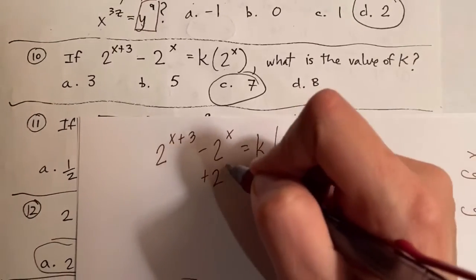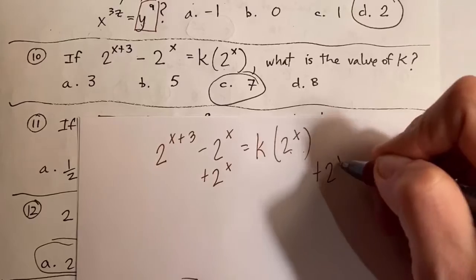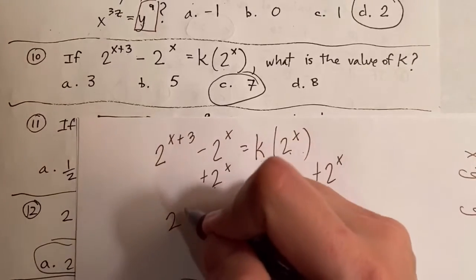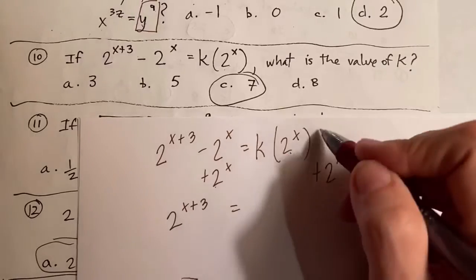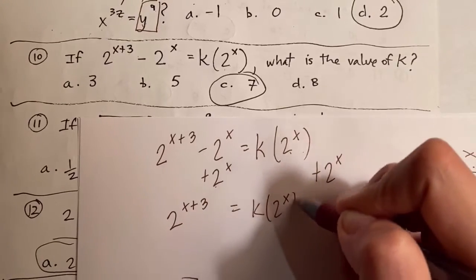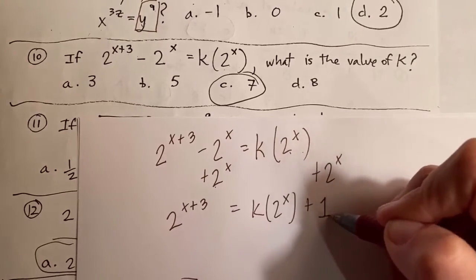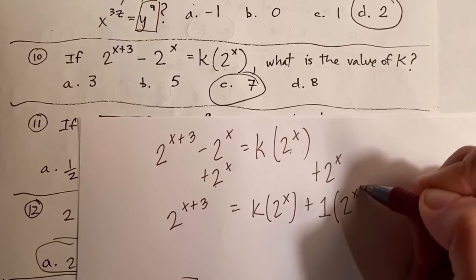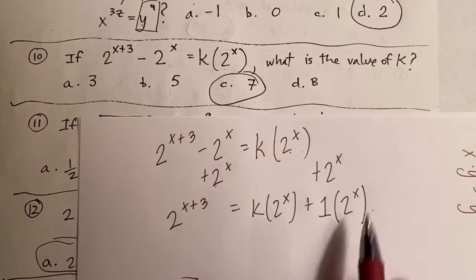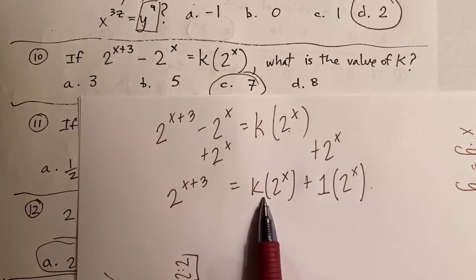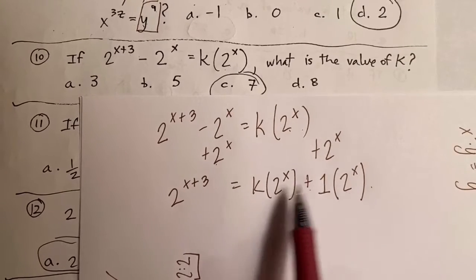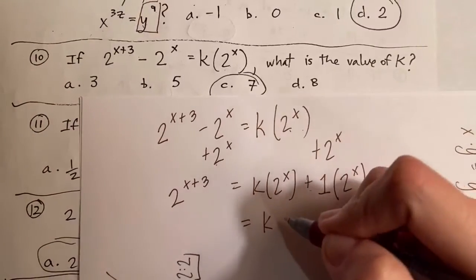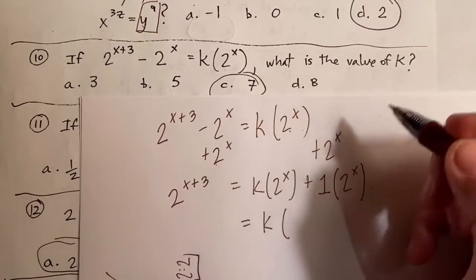I'm going to add 2 to the power of x on both sides, and on this side, I have k times 2 to the x, plus 1 times 2 to the x. And then now I'm noticing I can distribute out this k plus 1.